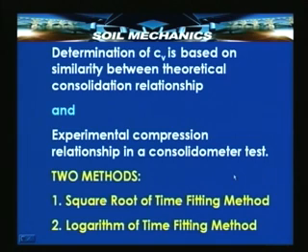The meaning is, in a theoretical consolidation equation, we know the precise relationship between u and t. We have seen it in great detail in several of the slides just now. U versus t. Now, if you look at it a little bit carefully, this capital U is nothing but the representation of the compression of the voids in some terms, and capital T is nothing but a representation of the time elapsed.